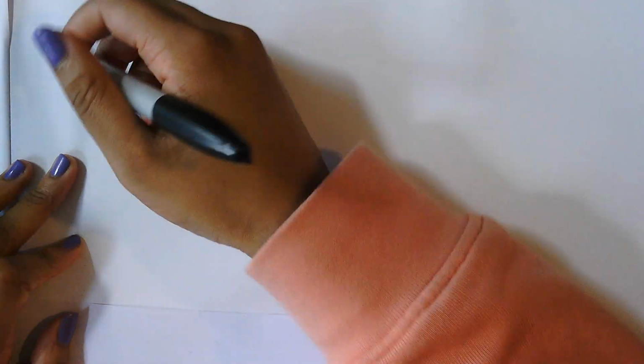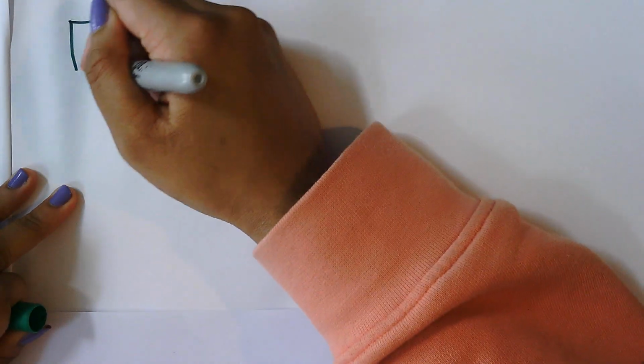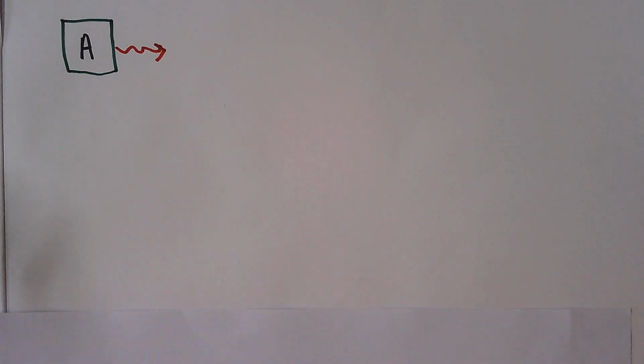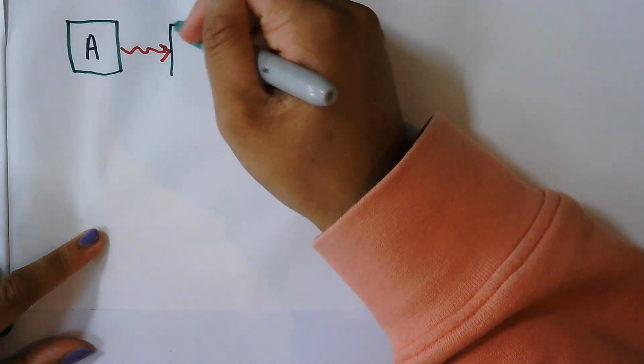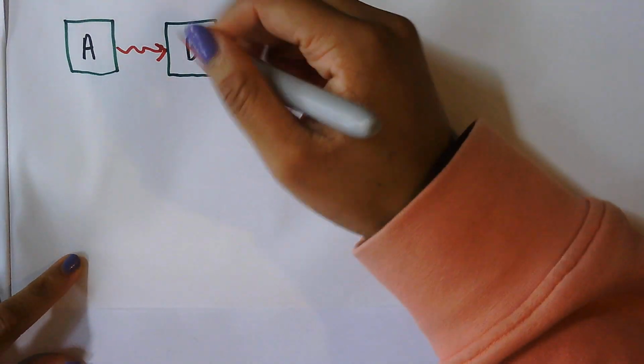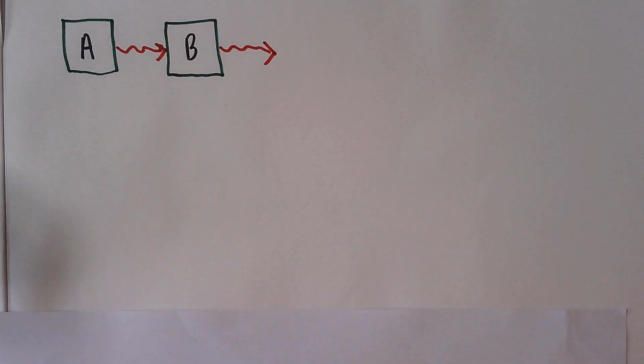So if we just imagined any radioactive element, I'm going to call it element A, this element A decays into another element, which I'm going to call B. And B decays into another element, C.